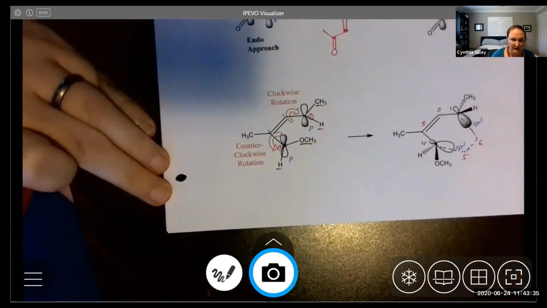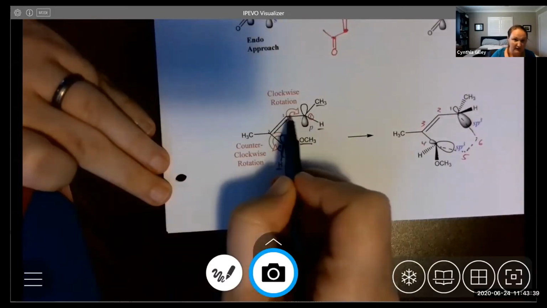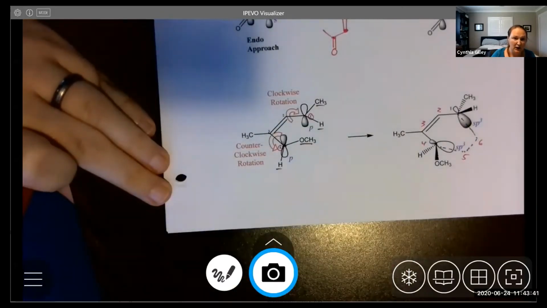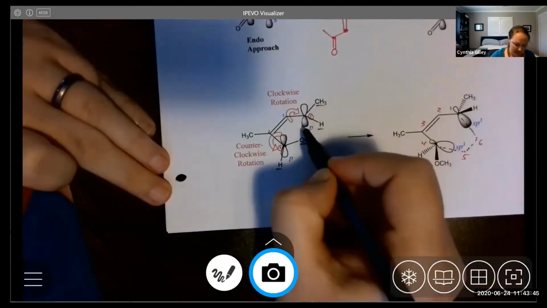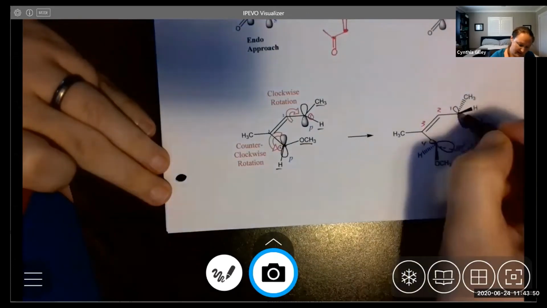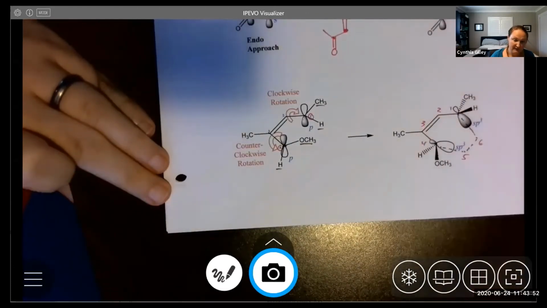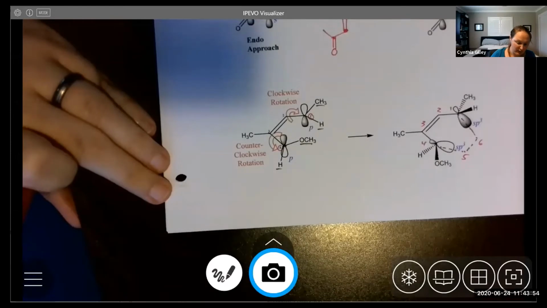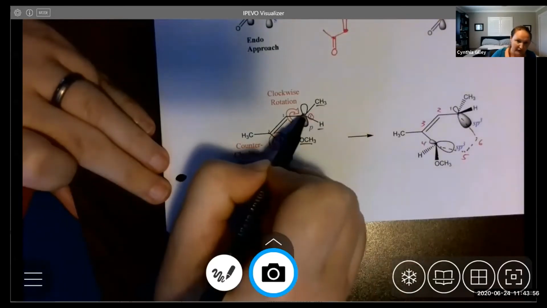So can you imagine that? The opposite is occurring for C2-C1. It's going to undergo a clockwise rotation in order for this p orbital, specifically the colored lobe here, to point in this direction. That rotates this hydrogen up and this methyl down.